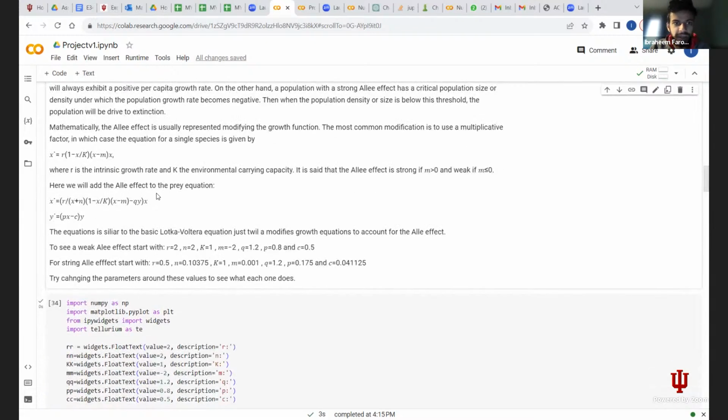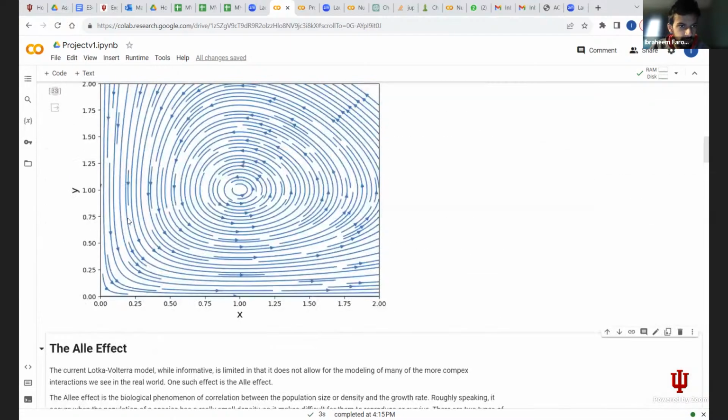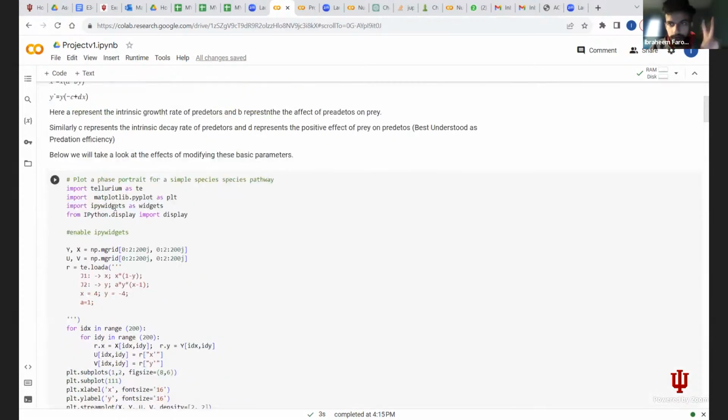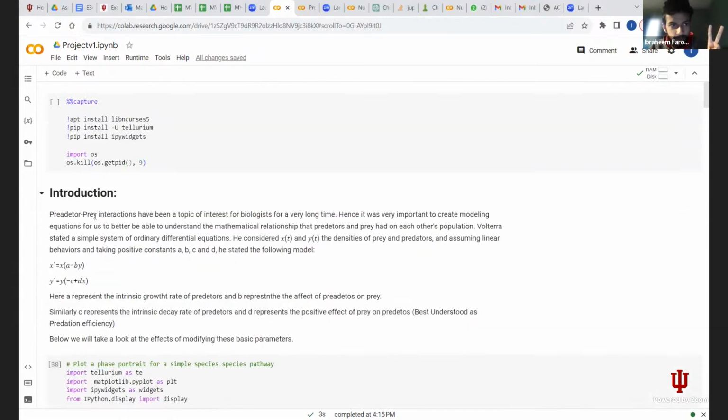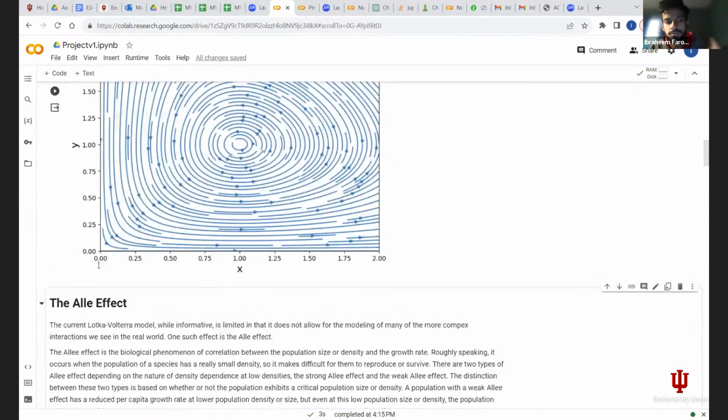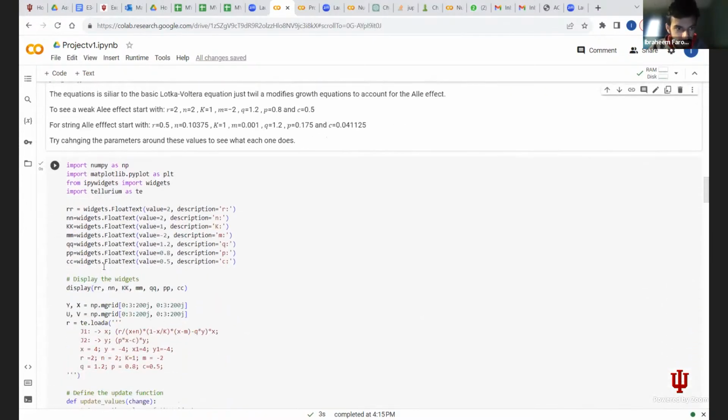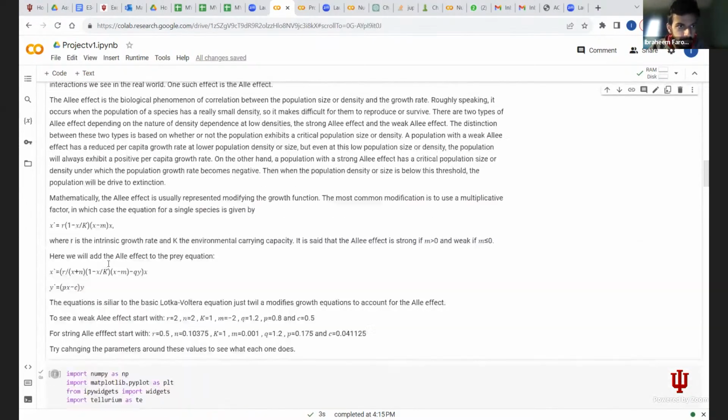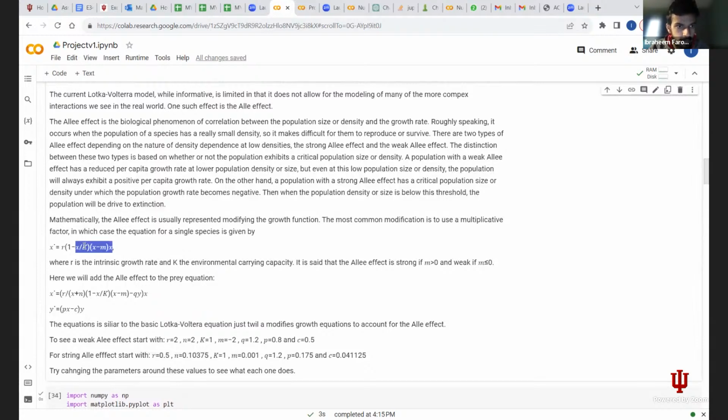And then we can add this to the Lotka-Volterra equation by substituting our a, which was our growth rate in the most basic equation, but it's actually the growth function in the more complex equation, with what we have here.